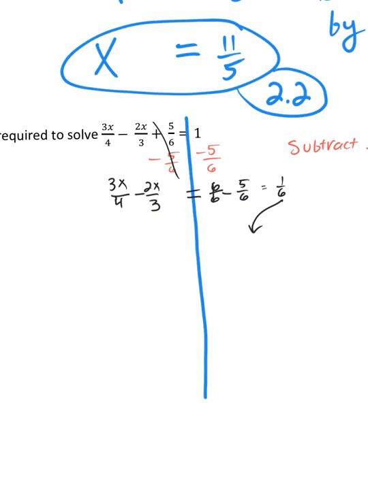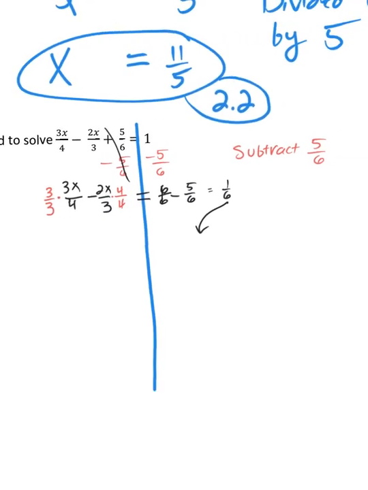So 3/4 x minus 2/3 x, or 2x over 3. We need to have a common denominator to combine these. So the first thing we need to do is multiply by a funny version of 1. Well, 3 over 3 is a funny version of 1, and so is 4 over 4, also a funny version of 1.